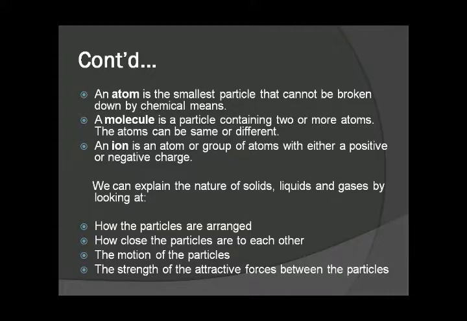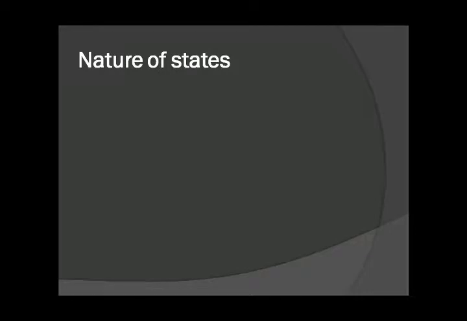We can explain the nature of solids, liquids, and gases by looking at how the particles are arranged, how close the particles are to each other, the motion of the particles, and the strength of the attractive force between the particles. So, the nature of states. We start off with solids.